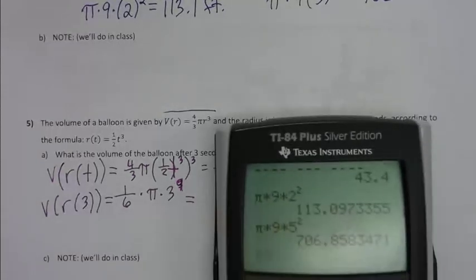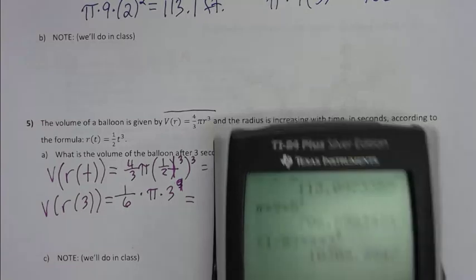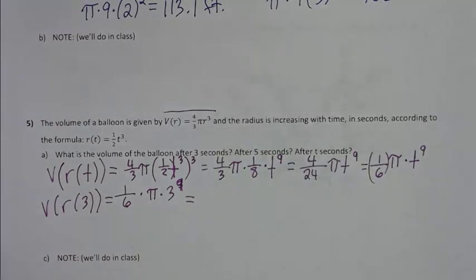So we have 1 over 6 times pi times 3 to the ninth power. So we have a balloon as far as volume goes that is very large.